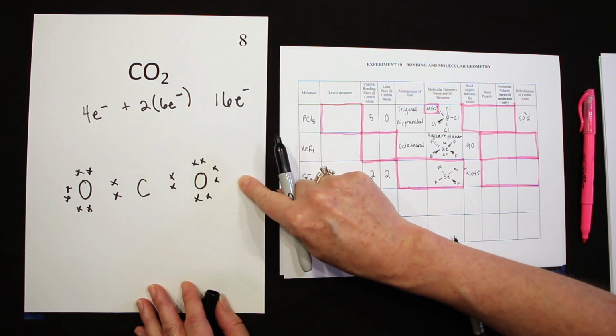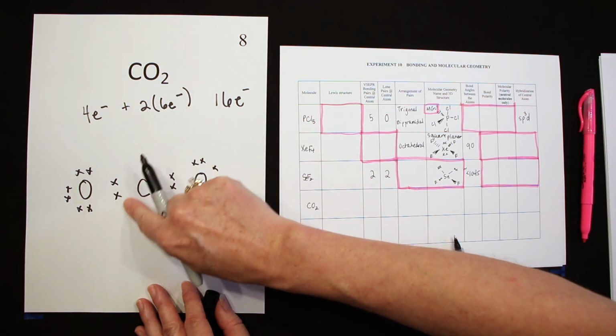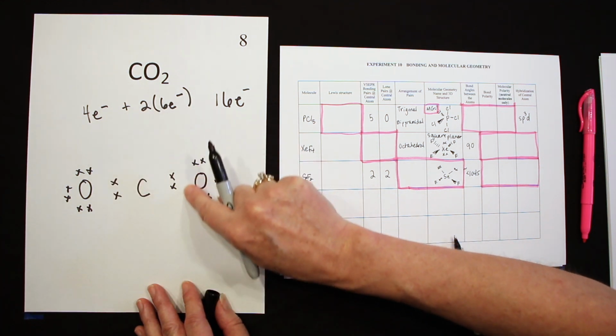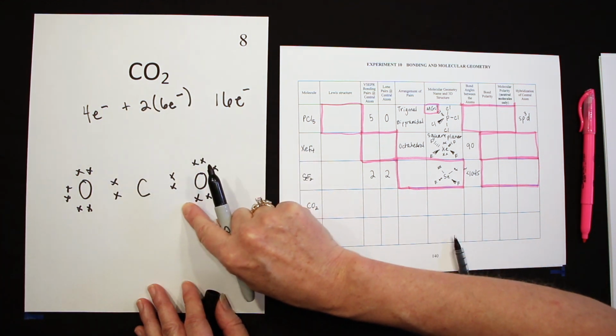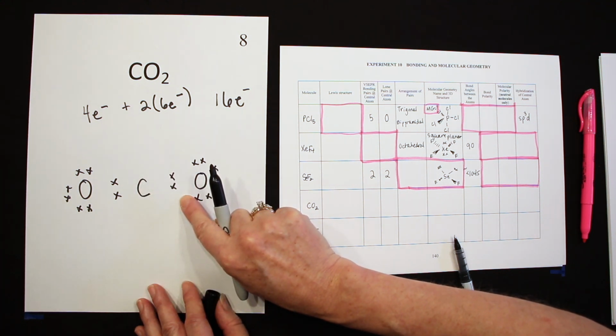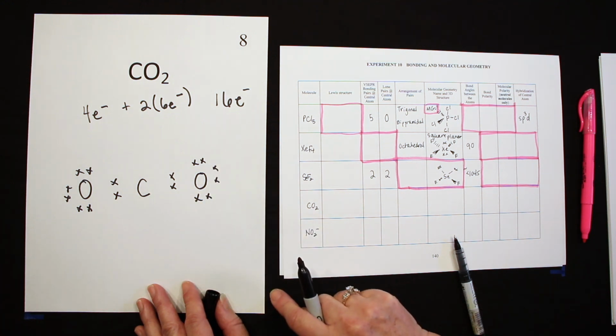This oxygen fulfills the octet rule. This oxygen fulfills the octet rule. But carbon, which must fulfill the octet rule, only has 2 bonds associated with it, and we know it needs 4 or 8 electrons.